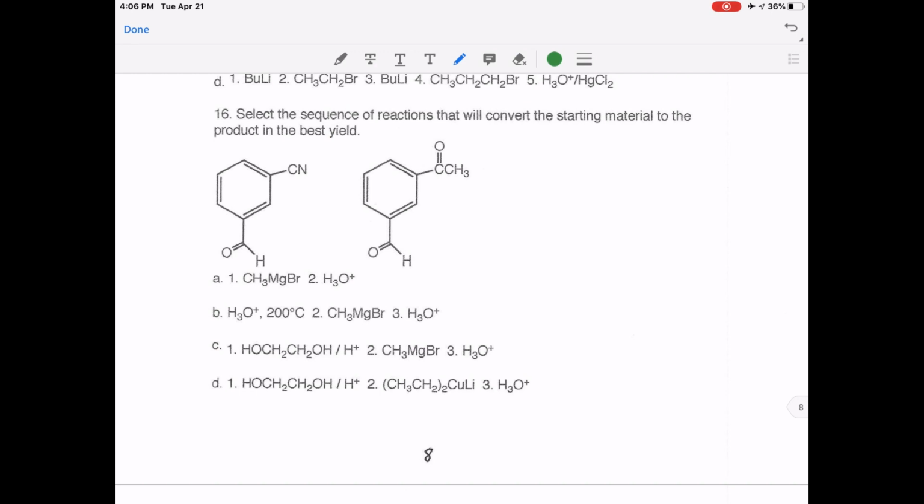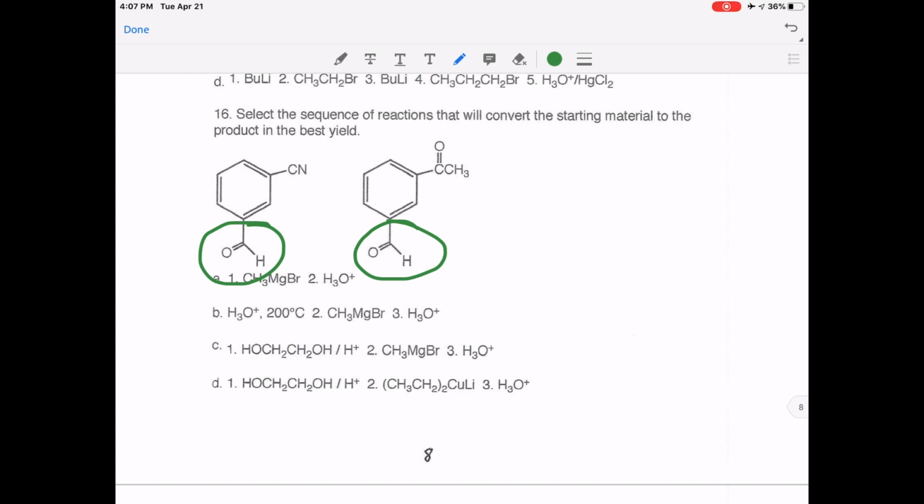But when we look at the reaction, what we find is that this aldehyde is also open game for a potential site of attack for a Grignard or diorganocuprate reagent.